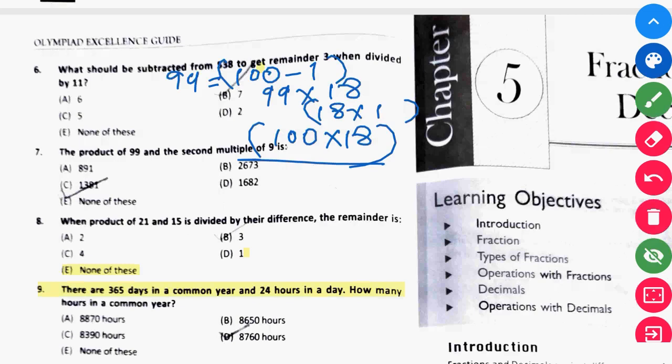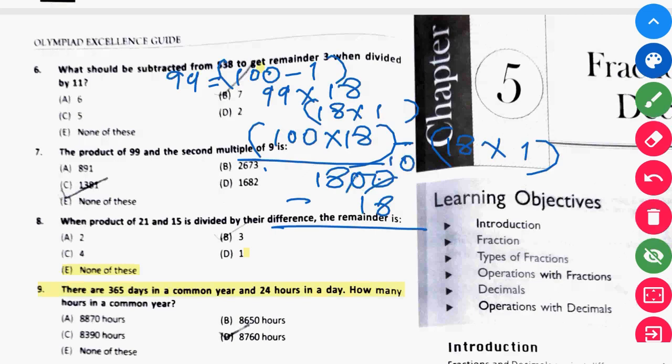So 100 multiplied by 18 minus 18 multiplied by 1. Now what is 100 multiplied by 18? 1800. And 18 multiplied by 1 is 18. So just subtract. It will borrow from here. So 10 minus 8, 2. 9 minus 1, 8.